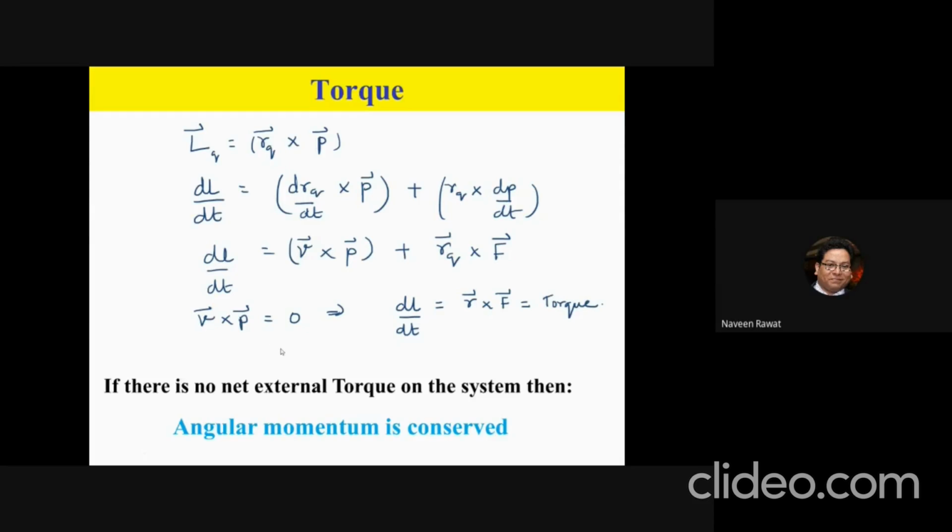So let's say there is no torque acting on the system. That means dL by dt is 0, or torque is 0. So if there is no torque acting on the system, then this term is not changing. That means angular momentum is conserved.